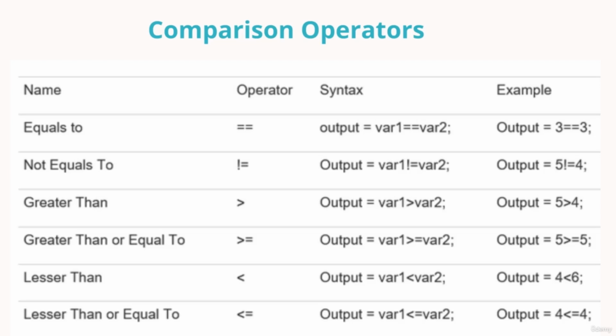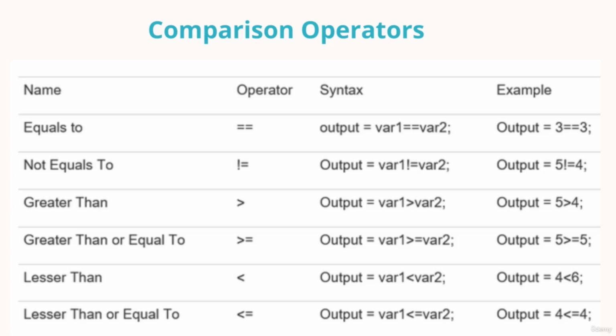Greater than is used when you want to compare the greater value, lesser than when you want to compare the lesser value, and very similarly greater than equals to and less than equals to. They compare the greater as well as the equality. So all these operators will compare two values and will always return a boolean, either true or false, on the basis of the comparison made.